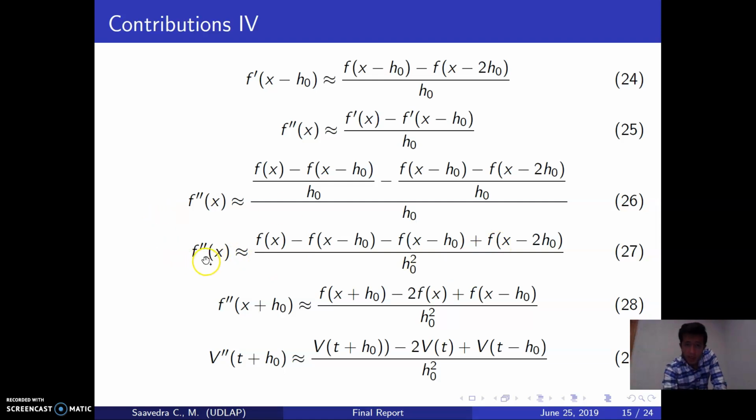Here we can see that we can obtain the second derivative from just data of the original signal, just shifted h positions or 2 times h positions. So if we express this from v, we have these h positions shifted here to the left and here to the right, and this h squared.